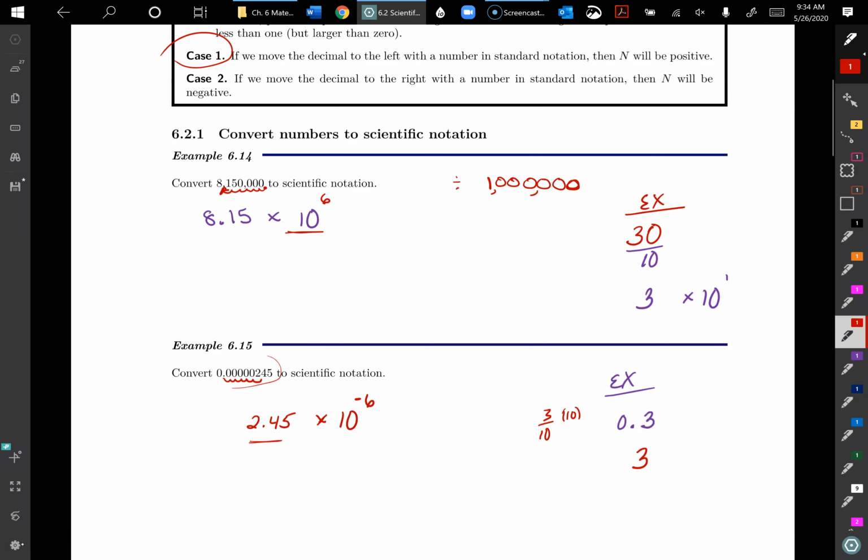But to keep that balance of my value, if I just multiply by 10 and leave it, that's just equal to 3, not 0.3. So I need to then also multiply by 1/10, which is the same as 10 to the negative 1. So that's what I'm doing there to keep the same value, right?